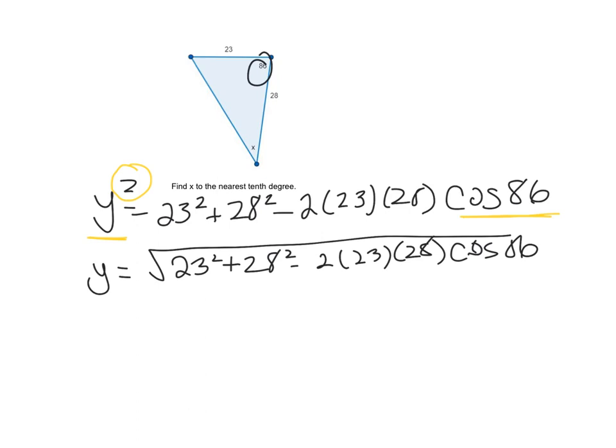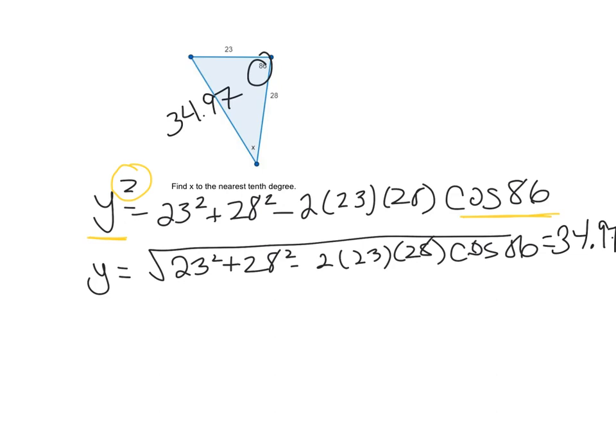Okay, so if I put that whole thing in my calculator, the square root of 23 squared plus 28 squared minus 2 times 23 times 28 times the cosine of 86, hit enter, I get that this is about 34.97. So I'm going to use that value for this. At this point, I just found out this is 34.97.